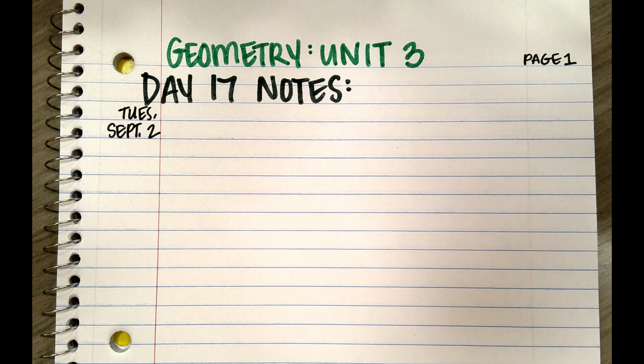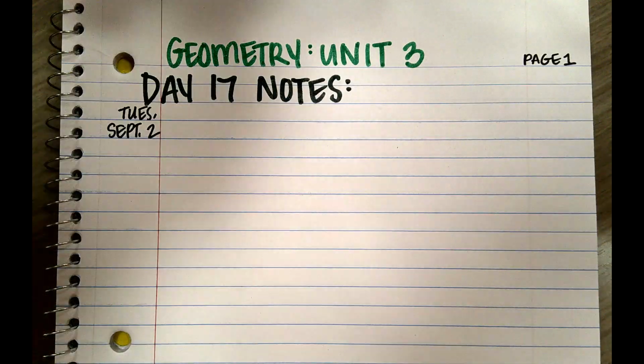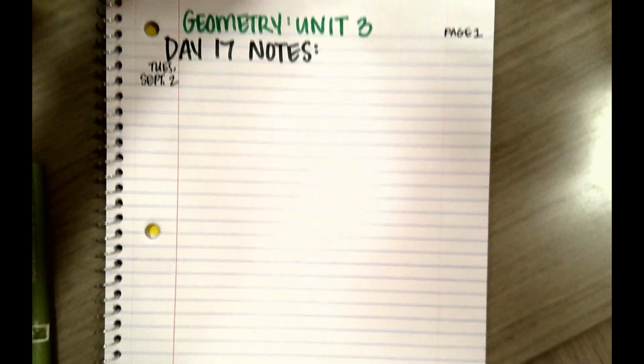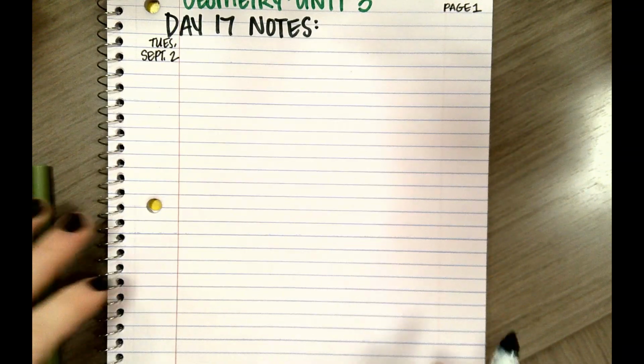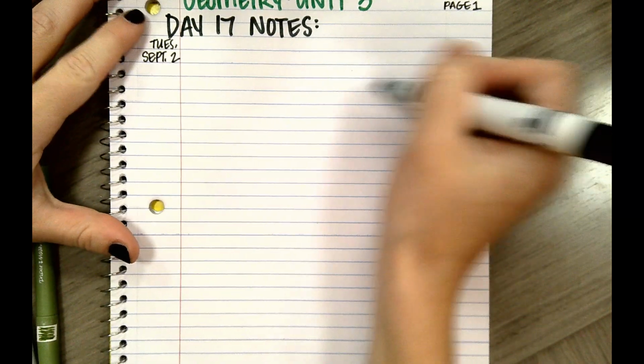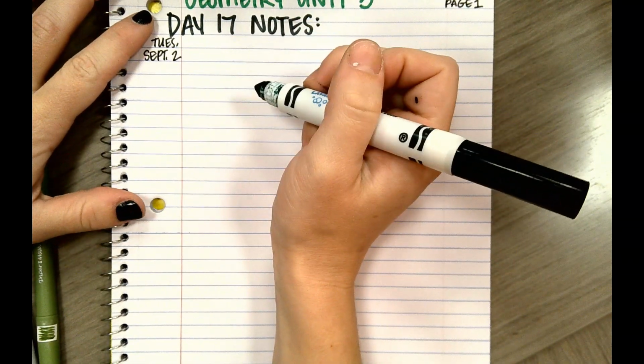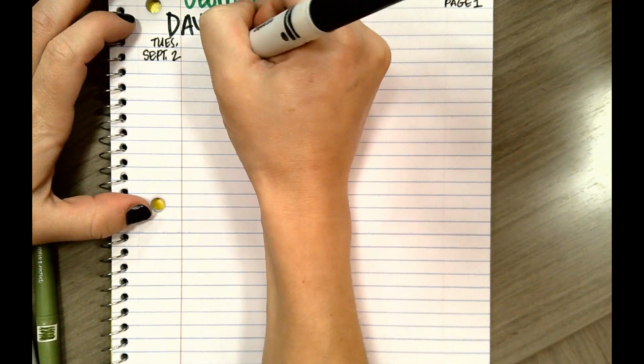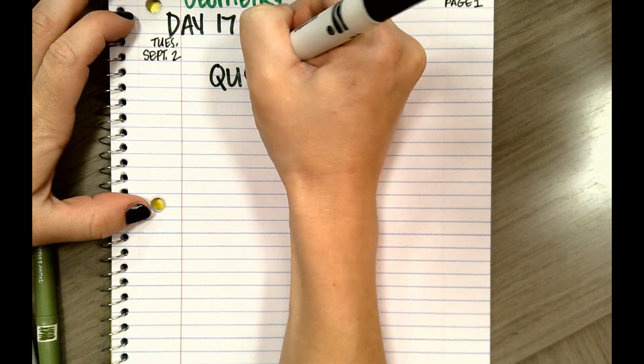Okay, so let me pull up this little chart. I'm going to be copying. So we are going to start with a great big 4-sided shape that will take up most of your page. I am going to write the word first that says quadrilaterals.